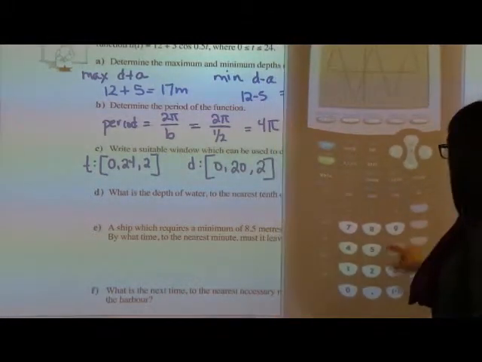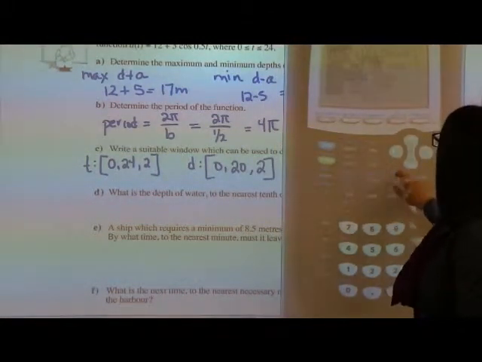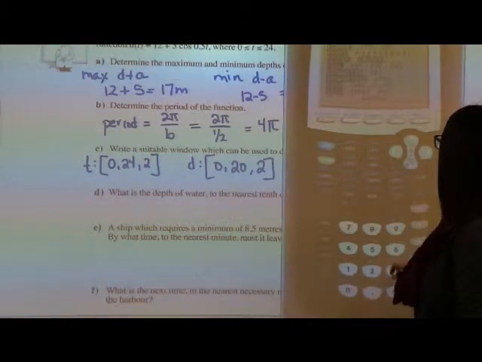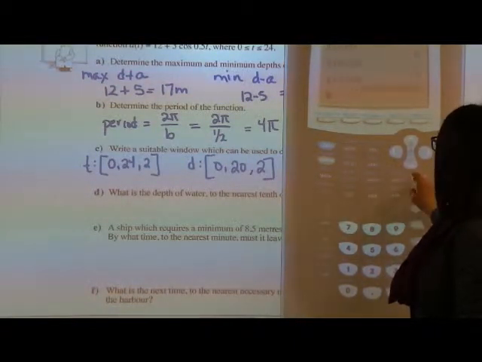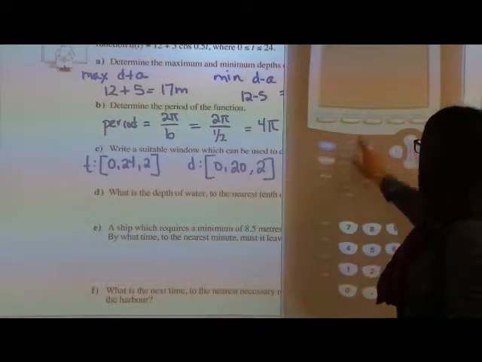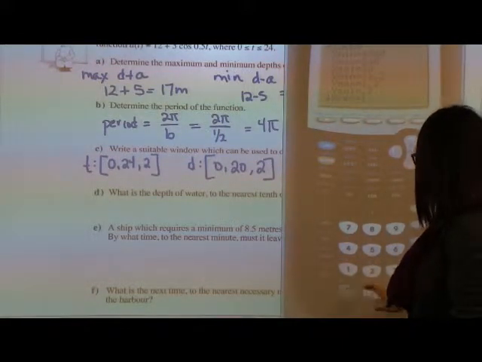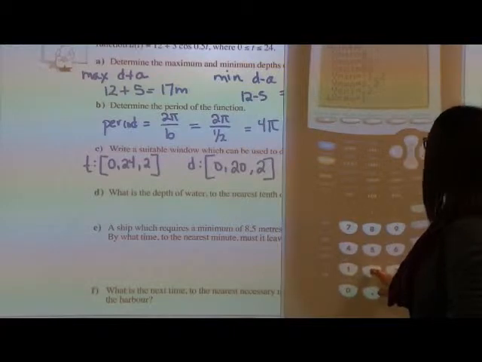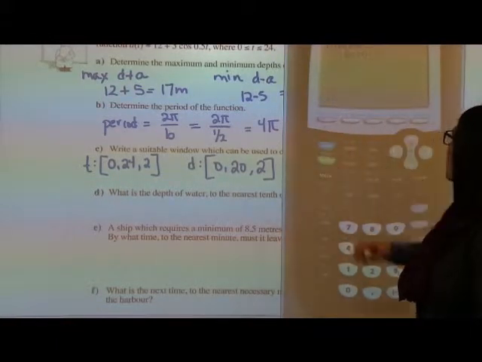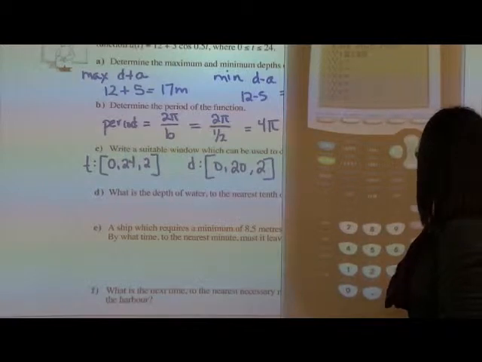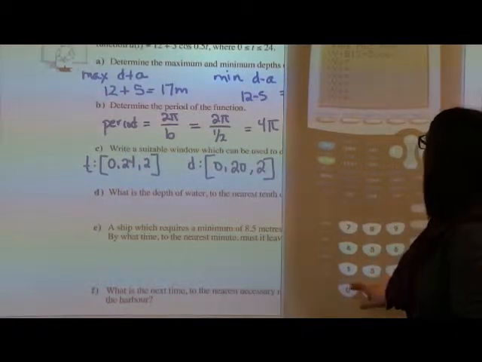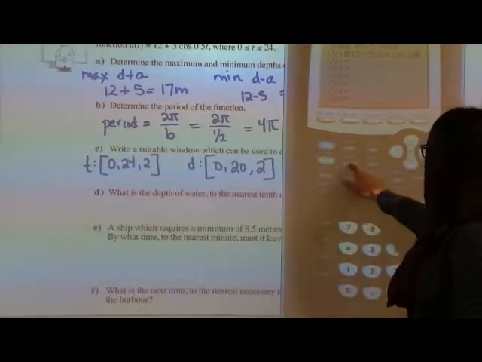Radian mode, good. So start with my window settings, 0 to 24, going by 2's, 0 to 20, going by 2's, and then I go into my Y editor, and I get 12 plus 5 cos 0.5x.